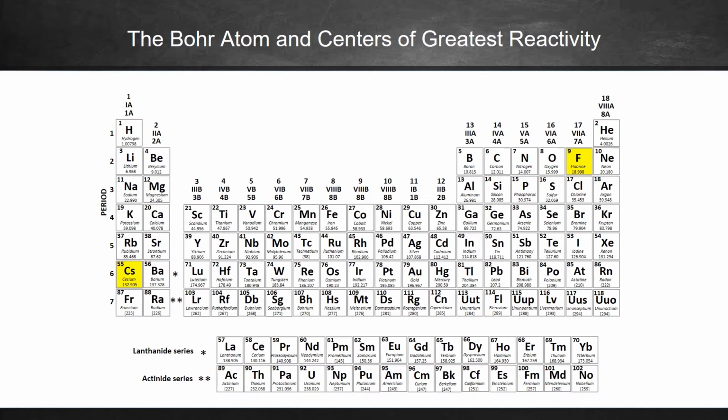But in cesium's case, this outer electron is so very far from the nucleus, and the pull of the nucleus is shielded by a great many other negatively charged electrons, making it that much easier to donate that electron to some other unsuspecting atom. Large atoms that want to give up electrons to be cations tend to be more reactive than smaller ones.